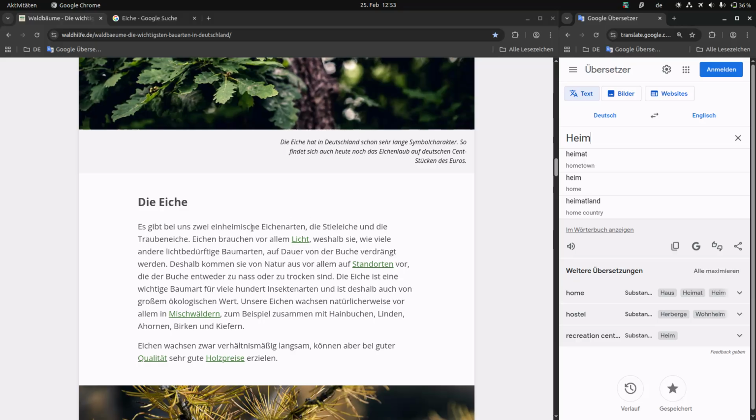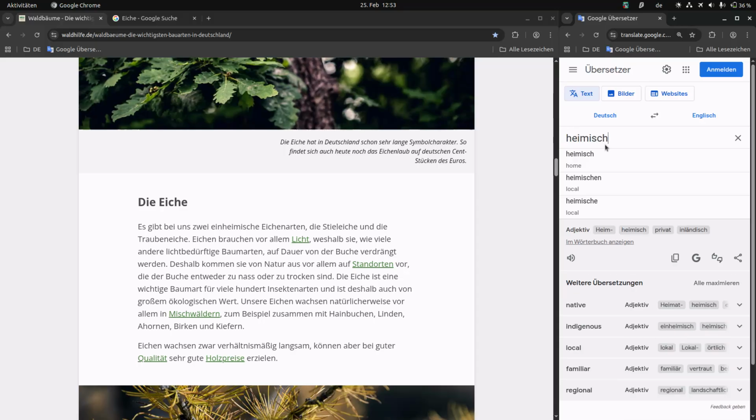Then heimisch means home in terms of something being originally from a place.